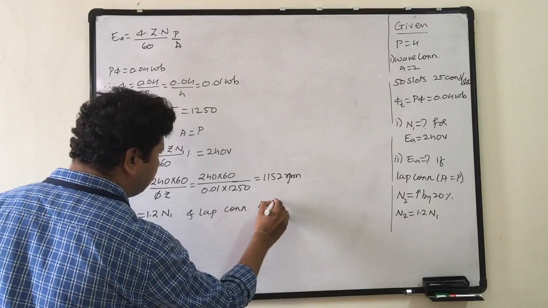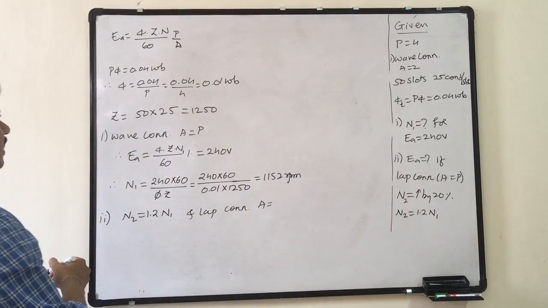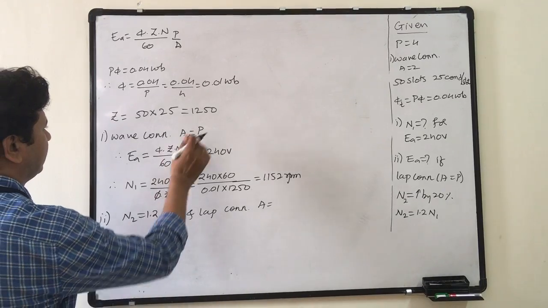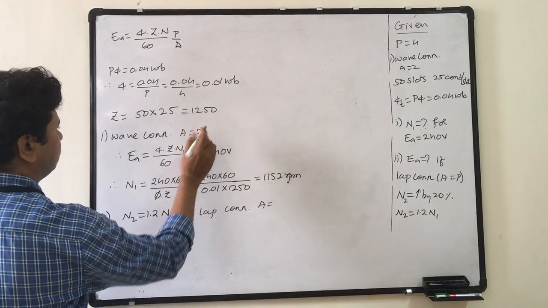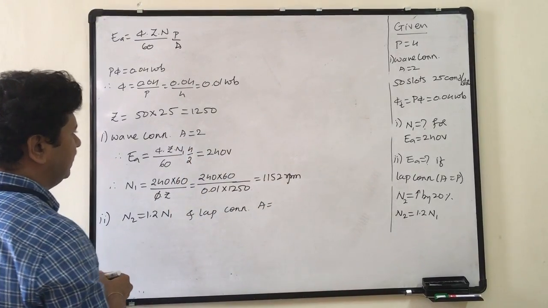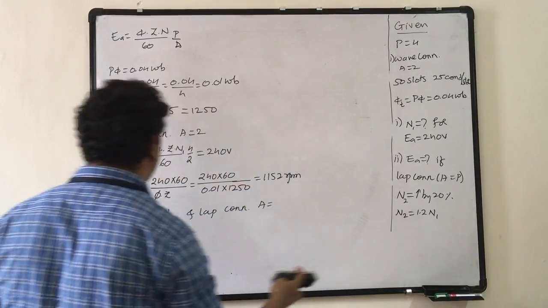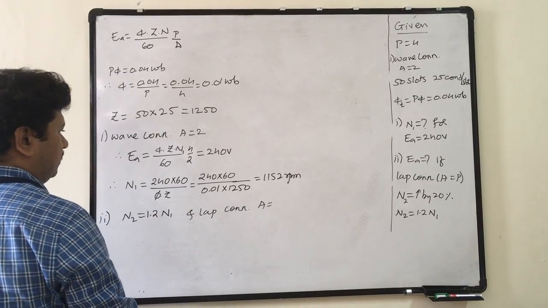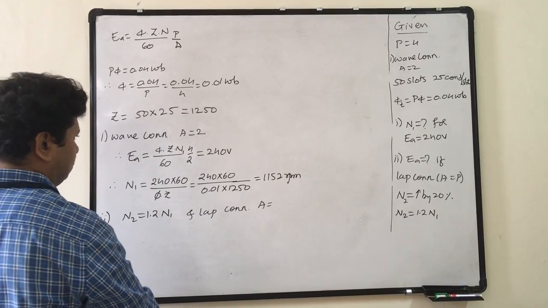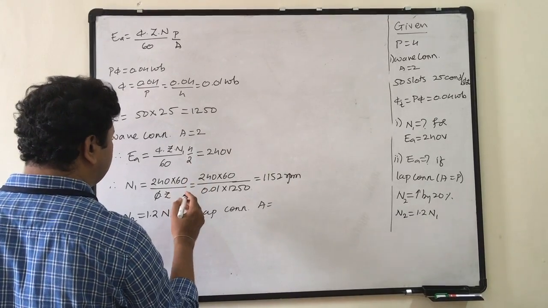That is A is equal, sorry, here I made a mistake. Please excuse me for that. A is equals to 2. So 4 by 2, it is 2.